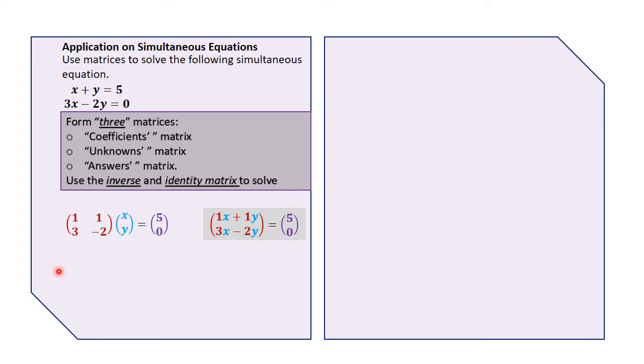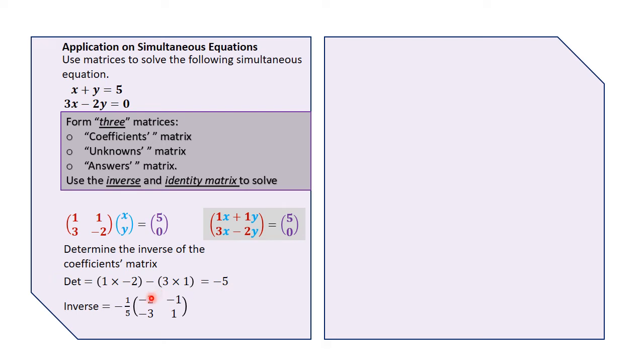So having formed these three matrices here, we need to determine the determinant of the coefficients matrix. Determinant of the coefficients matrix, which is going to be, in our case, 1 times minus 2, then minus 3 times 1, which gives us minus 5. This is negative 2 minus 3, giving us minus 5. The inverse is the reciprocal of that times the transposed matrix.